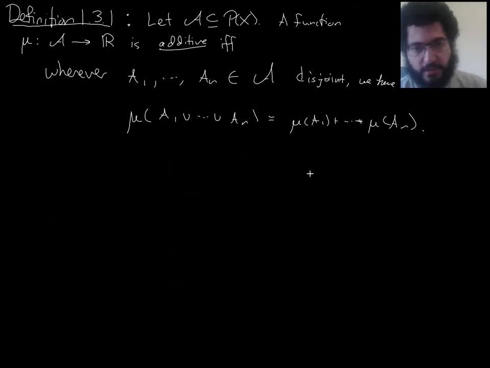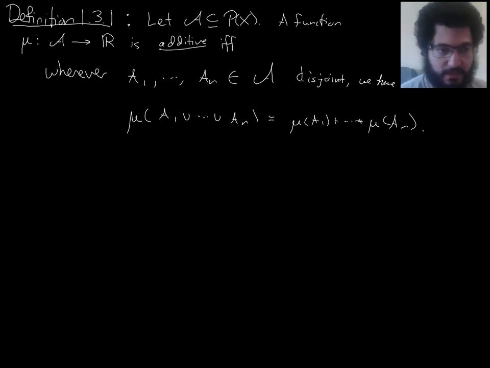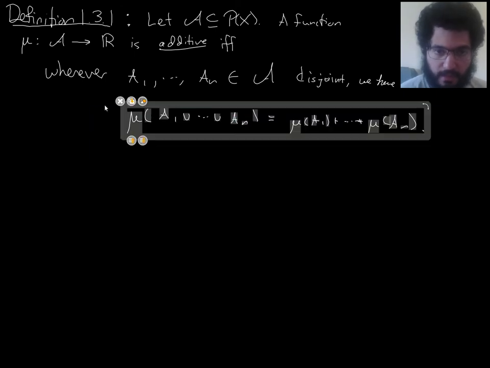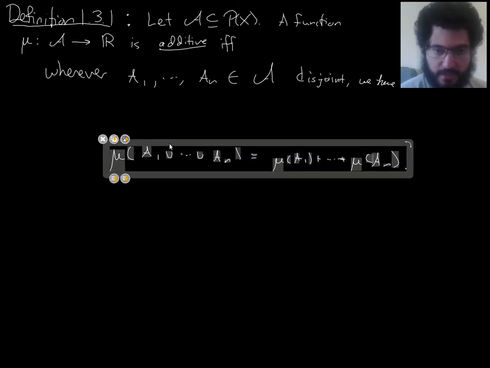And actually there's a problem with the way I've written this right now. If A1 through AN are special sets, then their union need not be a special set in this setup, right? Because we didn't assume that this is an algebra of sets. We just assumed that it's a collection of subsets of X. So I actually need to fix the definition.